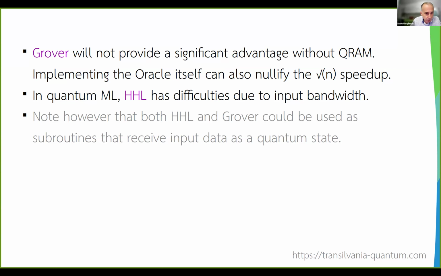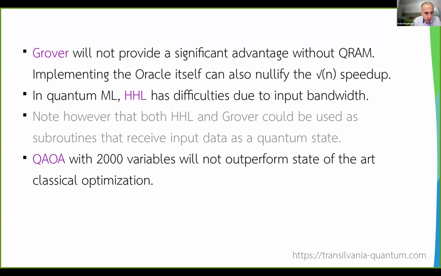But eventually, what we are doing is just postponing the problem, because at some point you need to input your data. At this moment, there are no quantum repeaters. You cannot input quantum data in a quantum computer. You can input only classical data, and the bandwidth for inputting classical data is not very large.